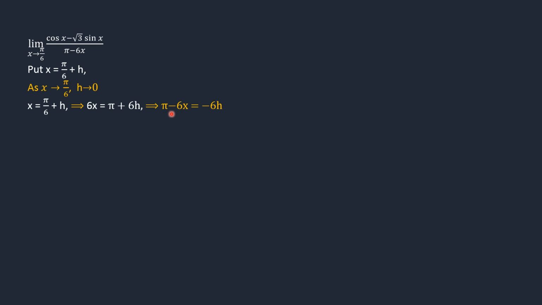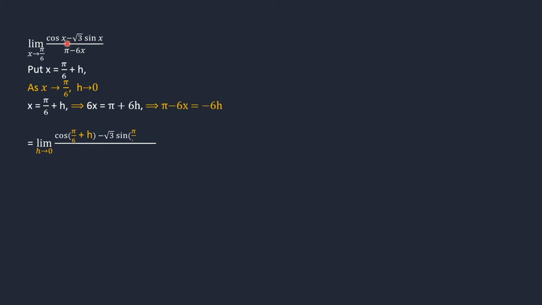So pi minus 6x will be minus 6h. So we have got two changes to be made in the next step, which are h approaches 0 and pi minus 6x equals minus 6h. So in the next step we will write these changes.